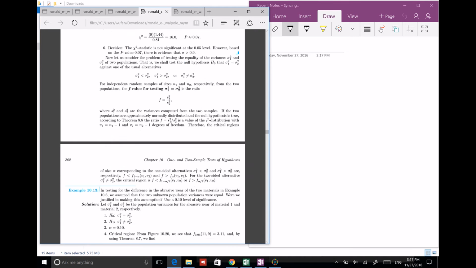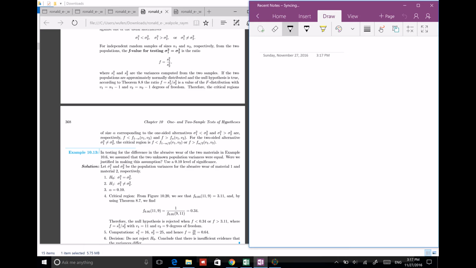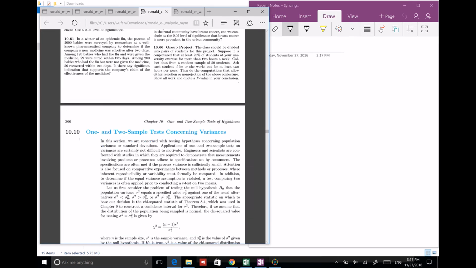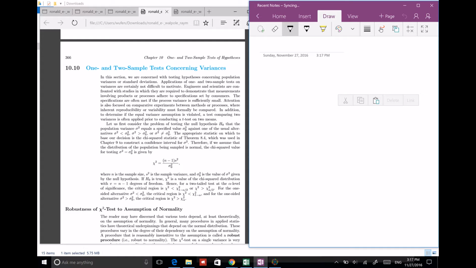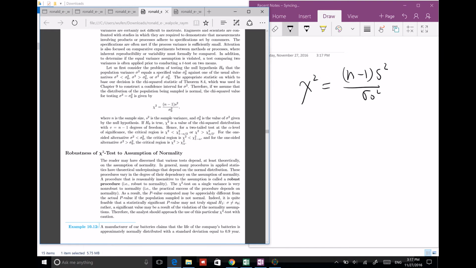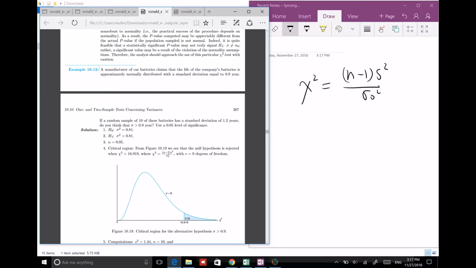Basically, we're going to test the null hypothesis on whether the two samples or one sample have the same variance, whether the variances are the same or not the same, or if one variance is bigger than the other. So we know that chi-square equals (n minus 1) s square over sigma square. This is the chi-square distribution. The ratio of two chi-square distributions is going to be the F distribution.